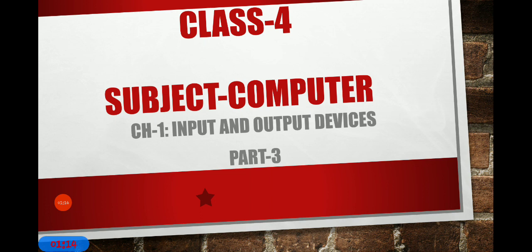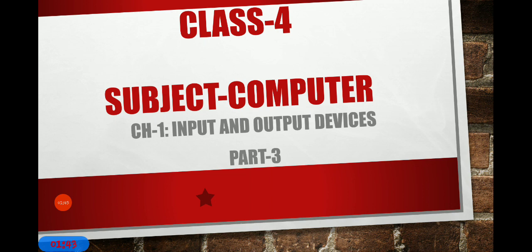For that task, we have to learn which devices are used: which device performs the input task, which performs the processing task, and which performs the output task. So we have to learn about these three types of devices: input devices, processing devices and output devices.